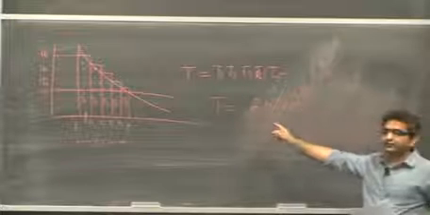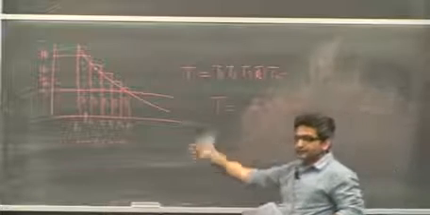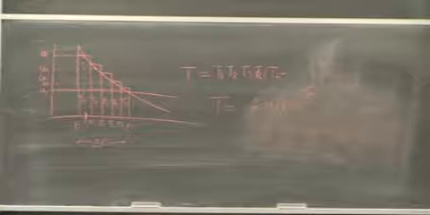This is the transmission coefficient. This is the probability of crossing that barrier. What we need is the probability per unit time of decay, or the probability per unit time of transmission.